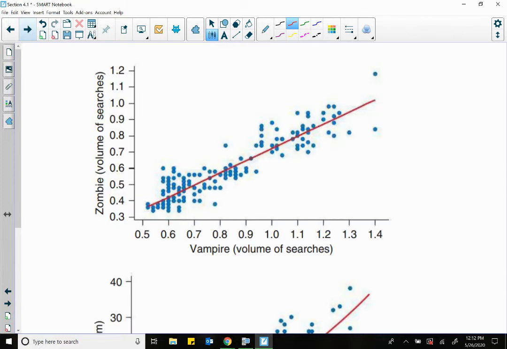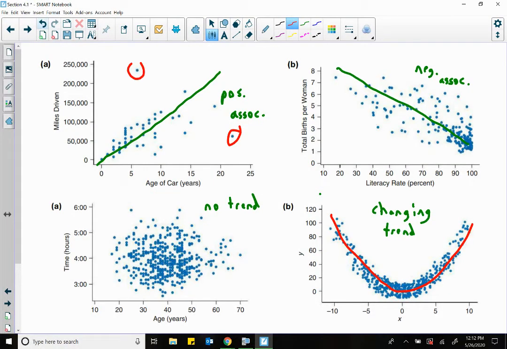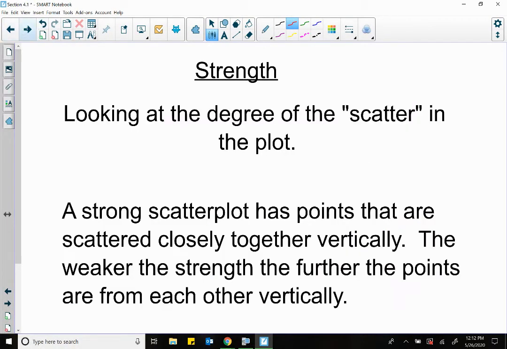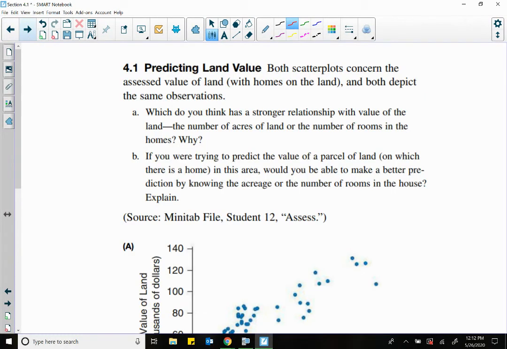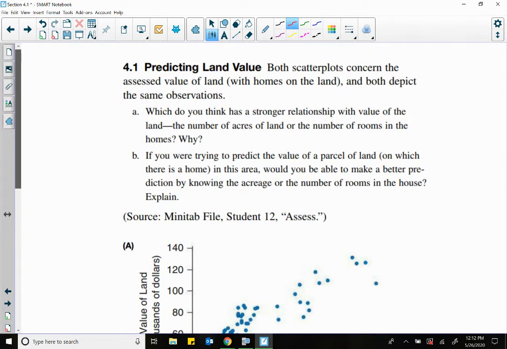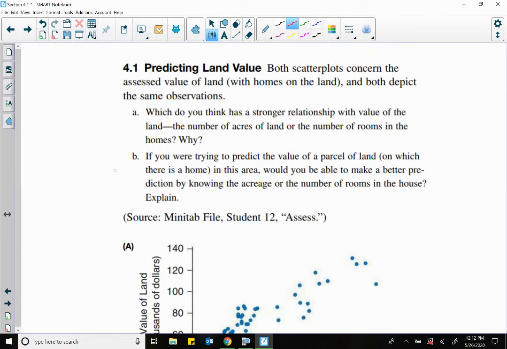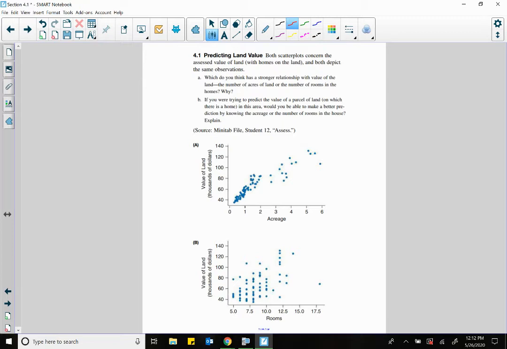So let's take a look at some problems from your homework. Okay? Oops. Going back. Hit the wrong button. Okay? So here are problems like what you're going to see in your assignment. Down below, I have some scatter plots. I got 2 of them. It says both scatter plots concern assessed value of land with homes on the land, and both depict the same observations.